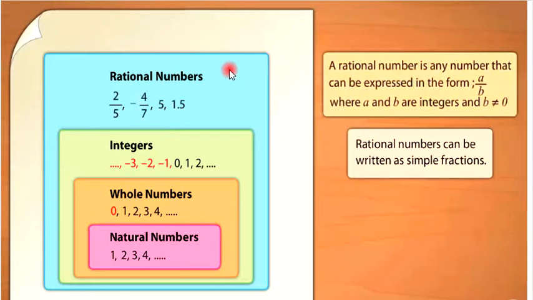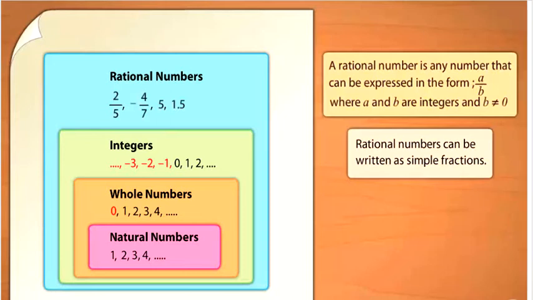Rational numbers can be written as simple fractions like 2 upon 5, minus 4 upon 7, 5 which is actually 5 upon 1, even decimal numbers like 1.5, etc.